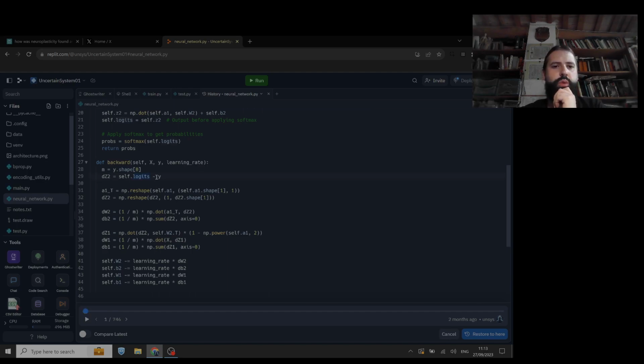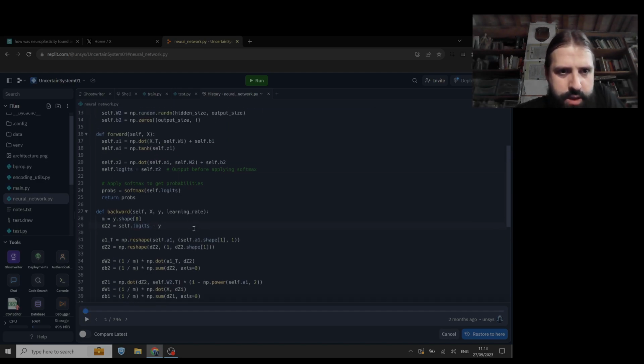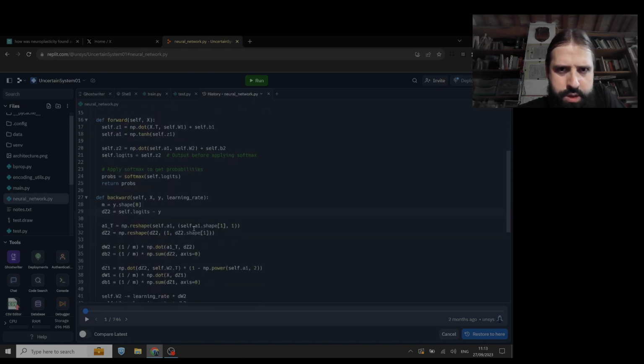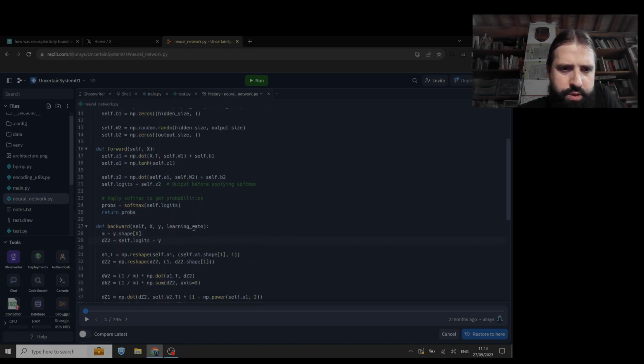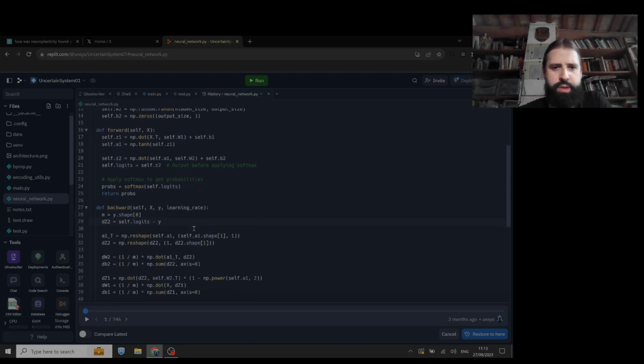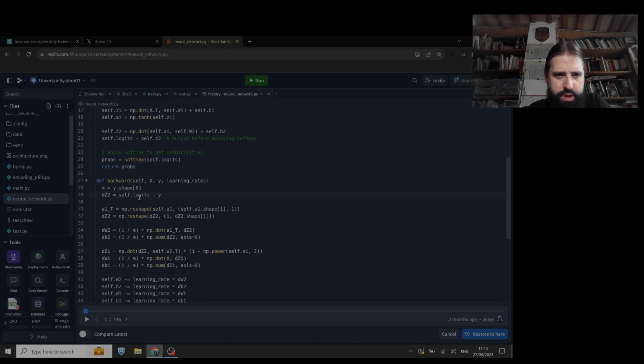Self logits minus y. Was that the initial implementation at all? Not so sure. I think I had already been doing some of my stuff in here with this reshaping and the logits and whatever for the softmax.